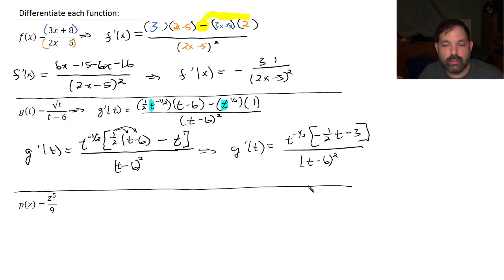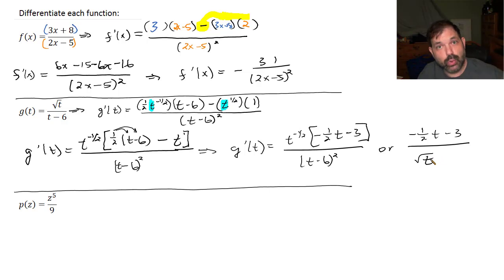It's not the only way to write it. We could have factored out the negative 1/2 as well. We can bring this t to the negative 1/2 and drop it to the denominator. So we could write this as negative 1/2 t minus 3 over root t, because t to the negative 1/2 is the same as the square root of t in the denominator, by t minus 6 squared.